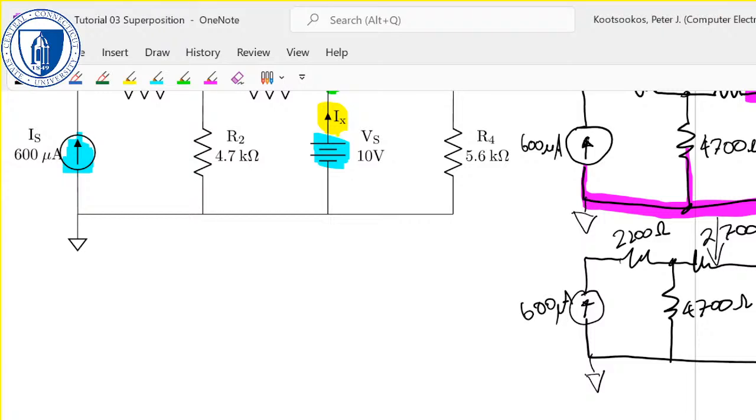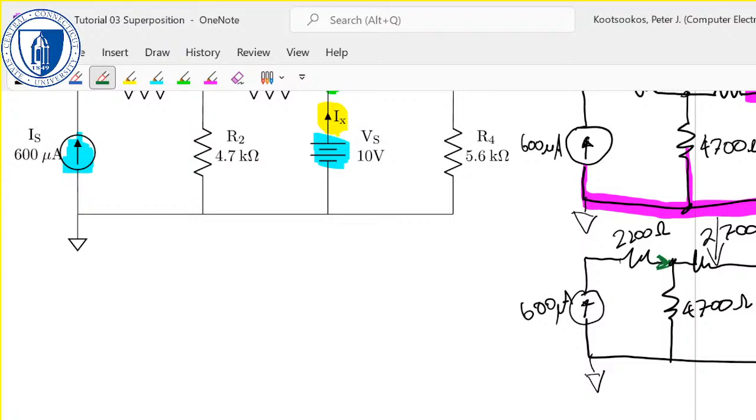So if I have 600 microamps going through the 2200 ohm resistor, how much current is coming out the other side of the 2200 ohm? 600. What goes in must come out, right? That's effectively what Kirchhoff's current law says.